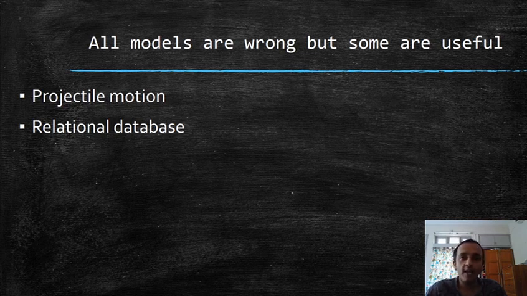Why? Because even if there are many inaccuracies, the answer that it gives is a good enough answer. Although it does not perfectly represent the real world, it can still give us a good enough idea of the real world, and that's why that particular model is useful.